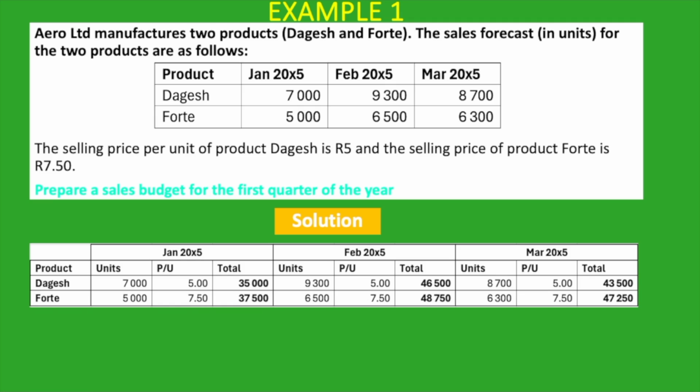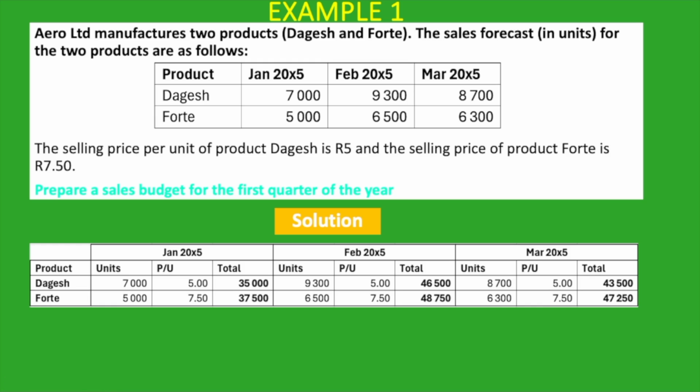So as you can see, there's nothing confusing here. Everything should be pretty clear. Just take the number of units for each month, 5,000 for Forte, for instance, in January. We multiply that by the 7 Rand 50 per unit, and we get 37,500 Rand. So basically, in January, we're going to make 35,000 Rand in sales for Dagesh and 37,500 Rand in sales for Forte. So we know how much we're going to make in total in January.